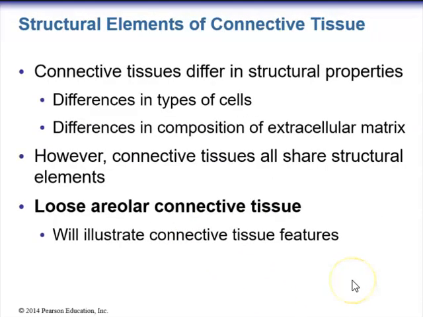Now, connective tissues differ in structural properties, and there are differences in the types of cells that make up the different types of connective tissue. Also, differences in composition of extracellular matrix. However, connective tissues all share structural elements, and we know that the loose areolar connective tissue is actually the model type of connective tissue because it will illustrate all the connective tissue features that we can find across the different types of connective tissue.